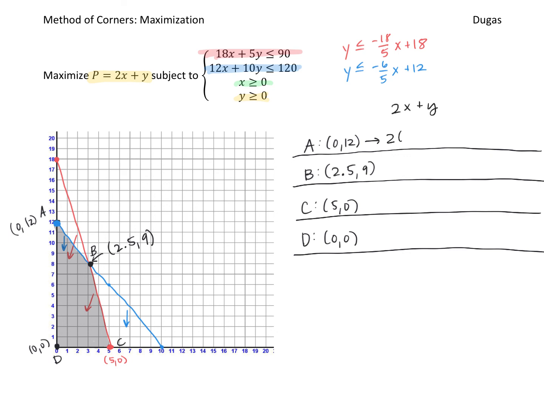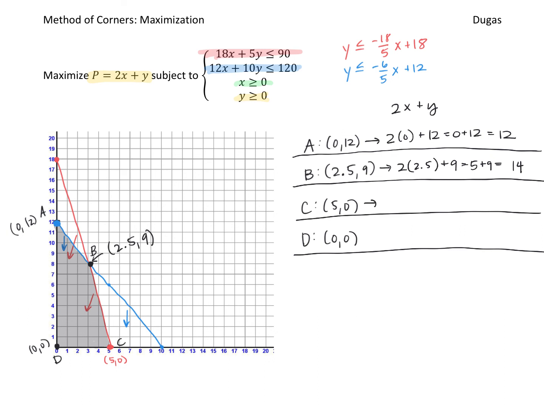So 2x, x is 0, plus y is 12. So that's going to be 0 plus 12, which is 12. Okay, now I'm going to do the same with (2.5, 9). So 2 times 2.5 plus 9. So 2 times 2.5 is 5. So that's going to be 5 plus 9, which is 14.